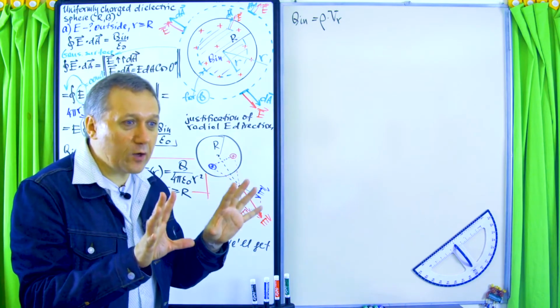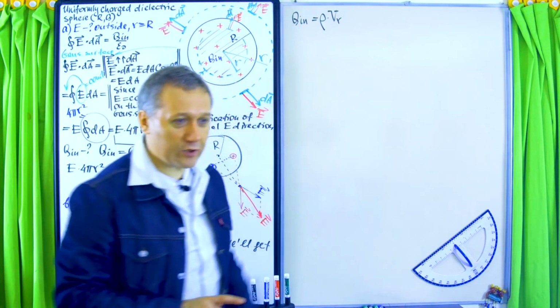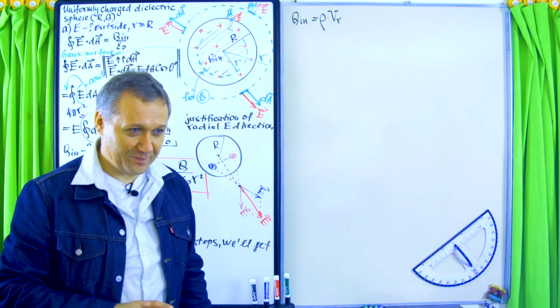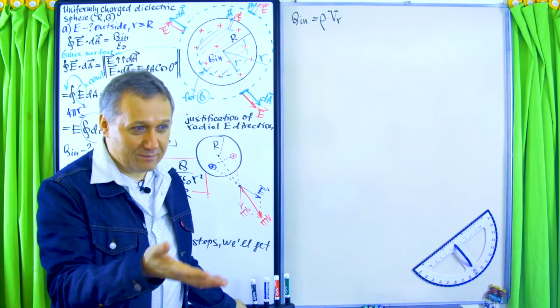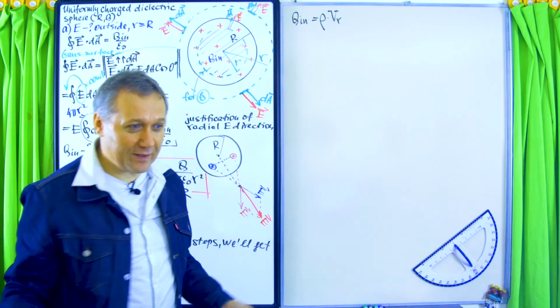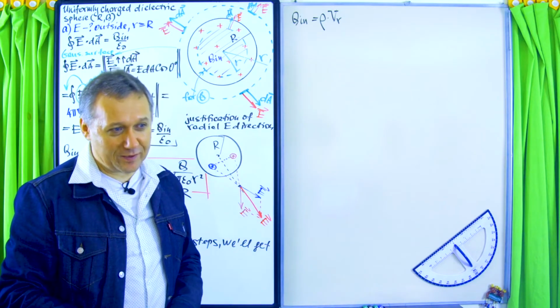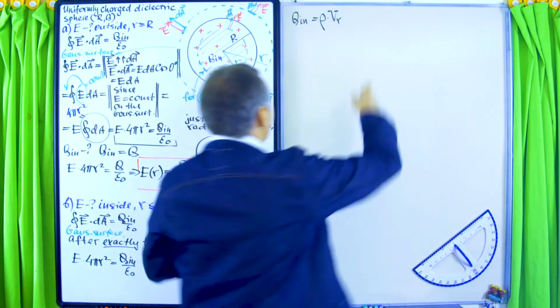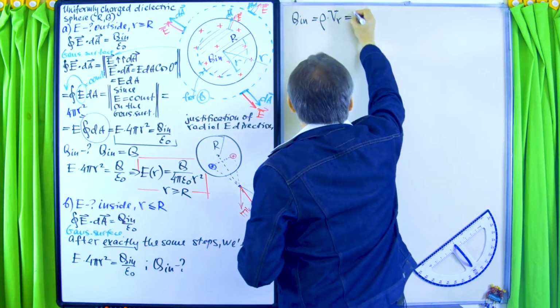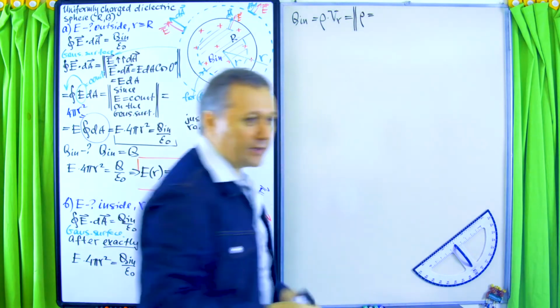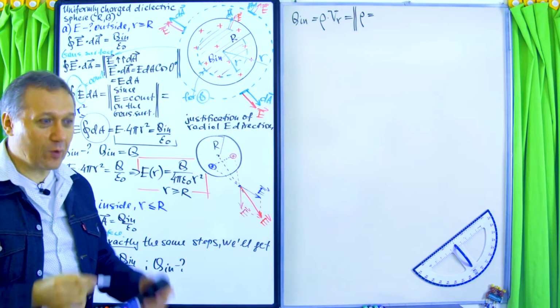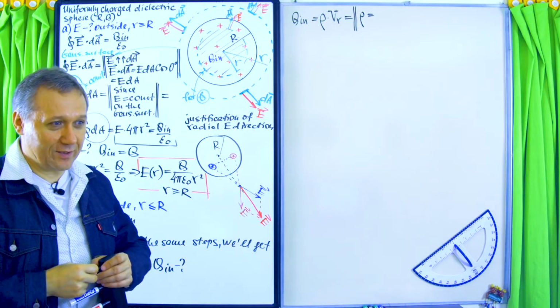But of course, right now we don't know the volume charge density. Can we find it? Again, it's the first formula on that slide. How can we find volume charge density?